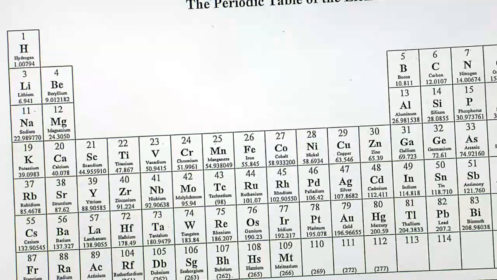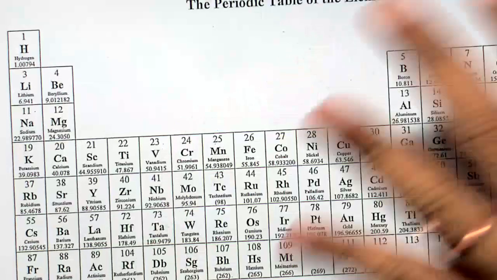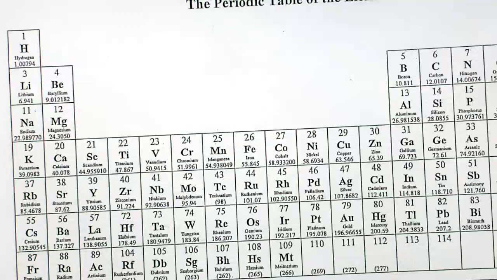I don't know if I printed out enough for everyone, but you can go ahead and just pass it out. You can bring your own periodic table to the exam, and if I don't have any, you can have this copy. I'll scan it and put it on Canvas.